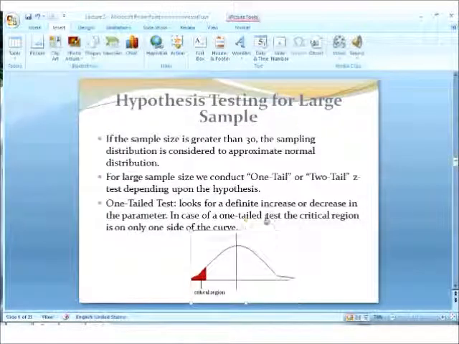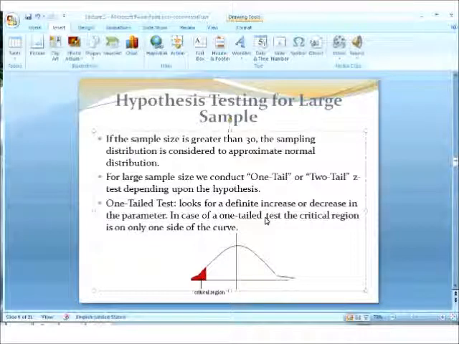So for example, your hypothesis is that the test score of, let's say, your environment class is 65. That is based on your past observations, based on your study efforts, etc. That is what your hypothesis is.